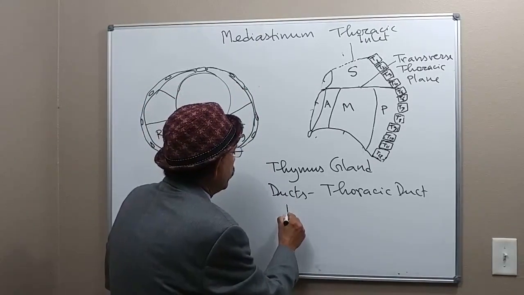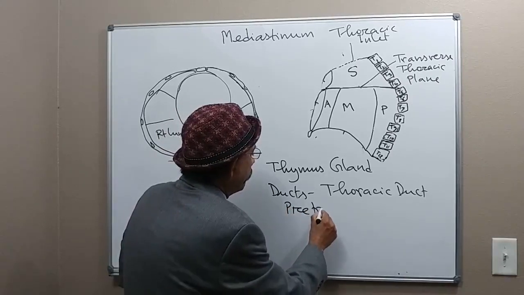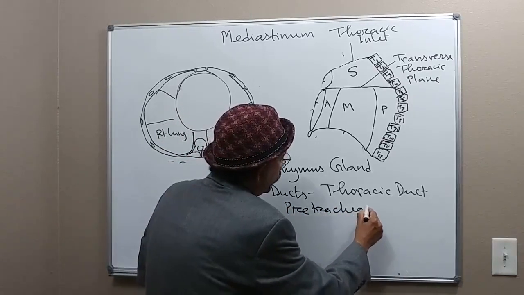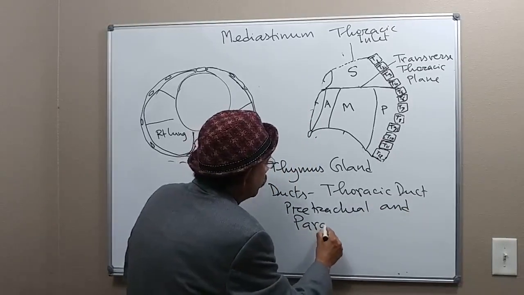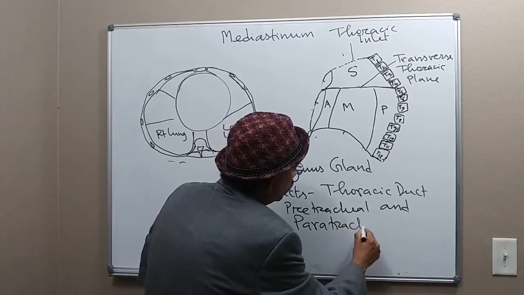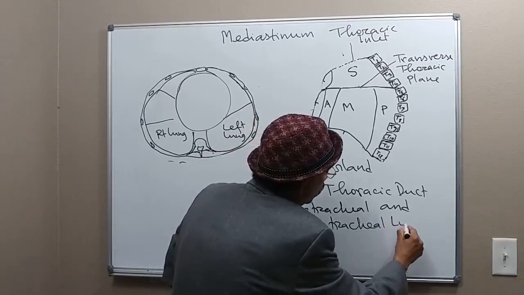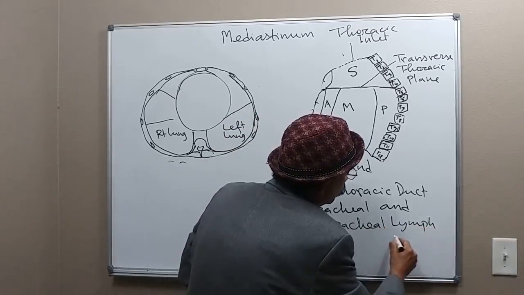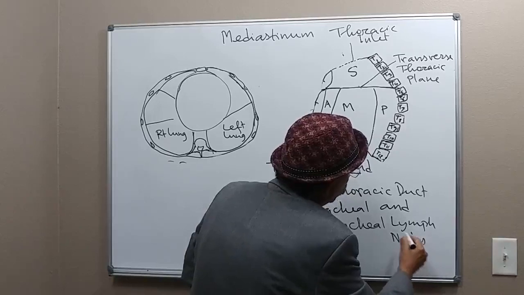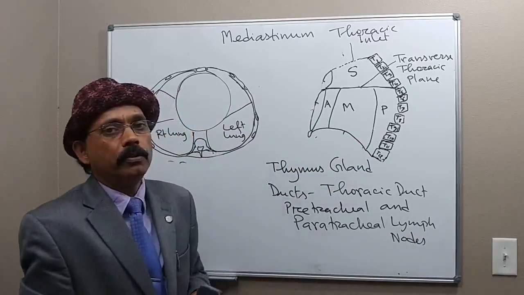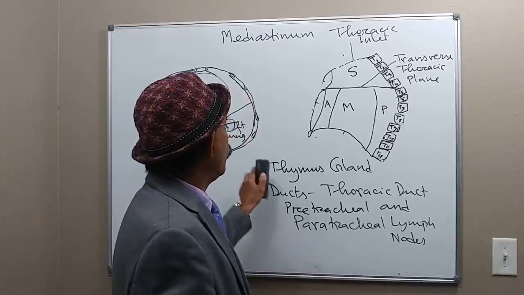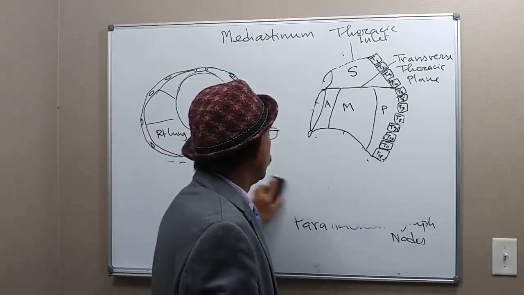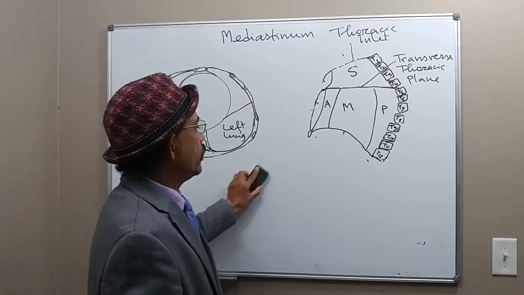We can write it here: pretracheal and paratracheal lymph nodes. Okay, so we have the contents of the superior mediastinum. Now we'll go to the contents of the anterior mediastinum.